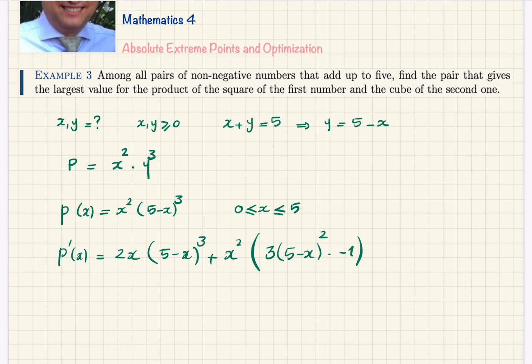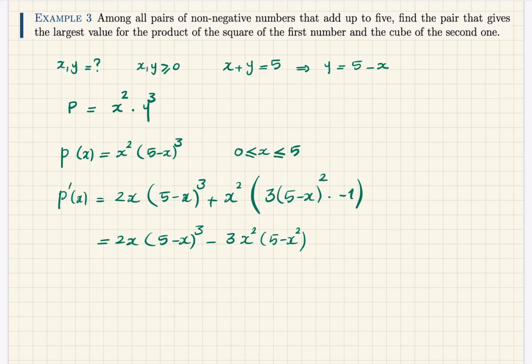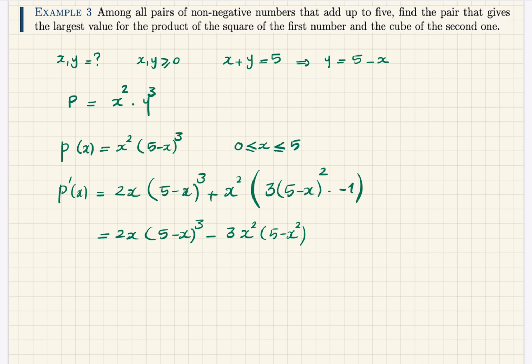Let me simplify this a little bit. So it becomes 2x, and then I have (5 minus x) to the 3, and then I have x squared. Oh, sorry, this is a product. So I put this minus 1 here, it becomes negative, and I have 3 here, so it becomes negative 3, and then I have x squared, and then I have (5 minus x) squared. So even though this is finished, if you don't mind, let me just factorize it.